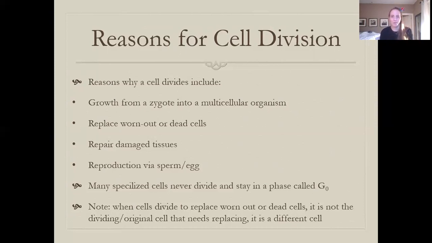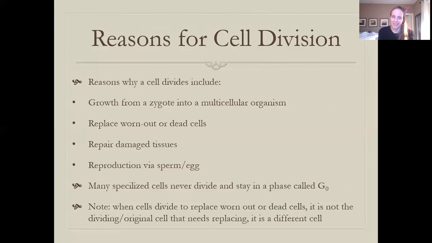And cell division will keep happening at a fairly rapid rate the entire time that that embryo is growing from the inner cell mass to the embryo to the fetus. The way that that organism keeps getting bigger and bigger is through the process of cell division.